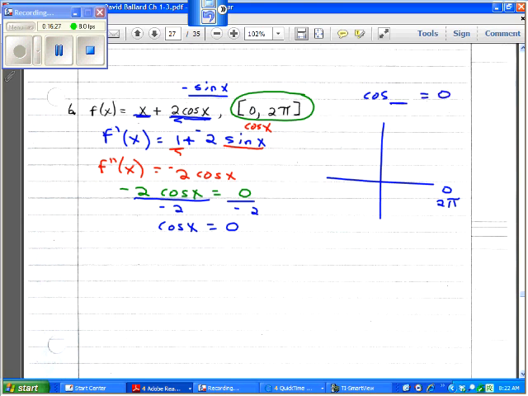So the cosine of what is 0? Well, the cosine of pi over 2 is 0, and then again at 3 pi over 2. Very good. Quadrantal angles. So x is equal to pi over 2, or x is equal to 3 pi over 2 are our test points, right?